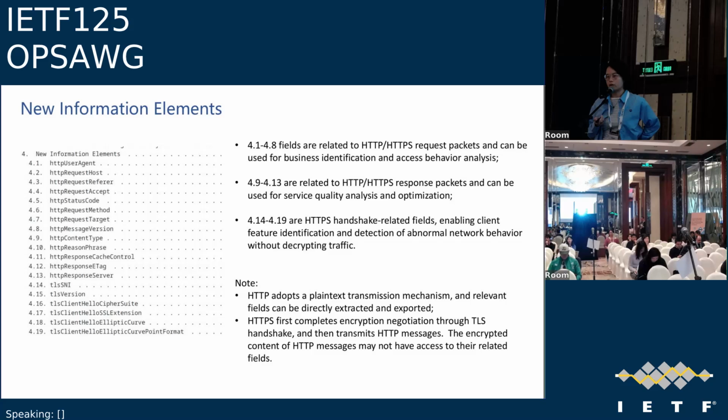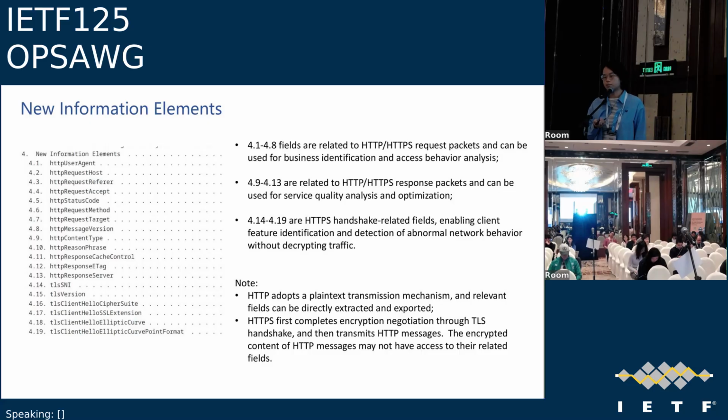Sections 4.1 to 4.8 are related to the request packets and can be used for business identification and access behavior analysis. And the next are related to the response packets and can be used for service quality analysis and optimization.